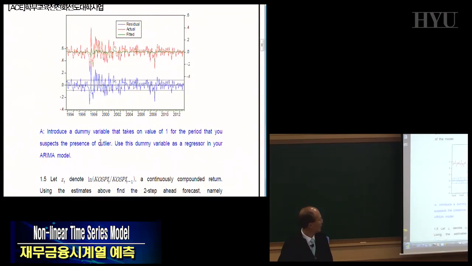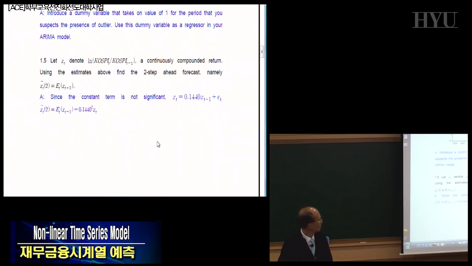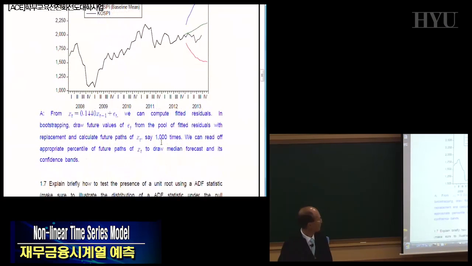And something about dummy variable. And then forecast, two-step ahead forecast for AR1 process is, of course, very simple. And bootstrapping is to draw some values from the pool of fitted residuals. Okay.